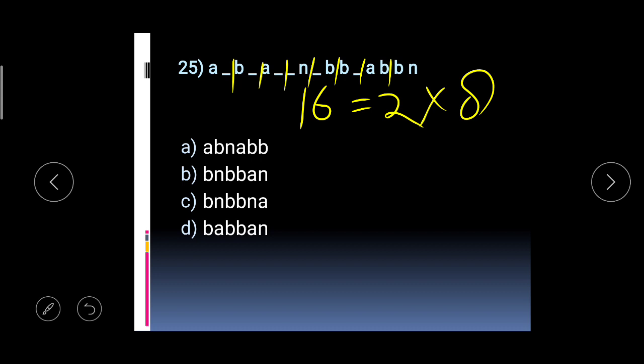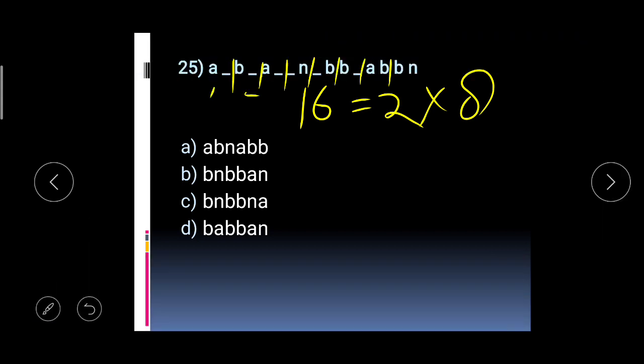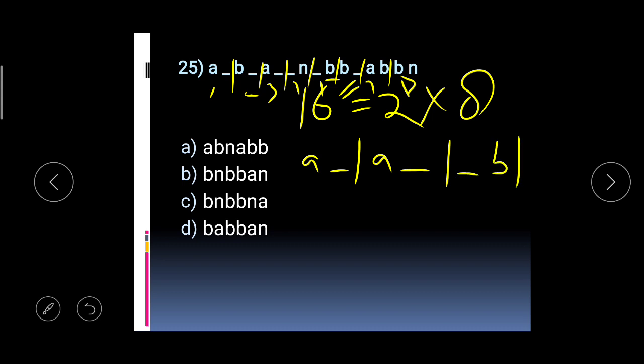If you're dividing in such small patterns, then it's always advisable to take the alternate terms, right? So suppose I'm numbering it 1, 2, 3, 4, 5, 6, 7 and 8, right? So I'm just writing the first odd terms, that is A dash, then A dash, then dash B, then AB, right?